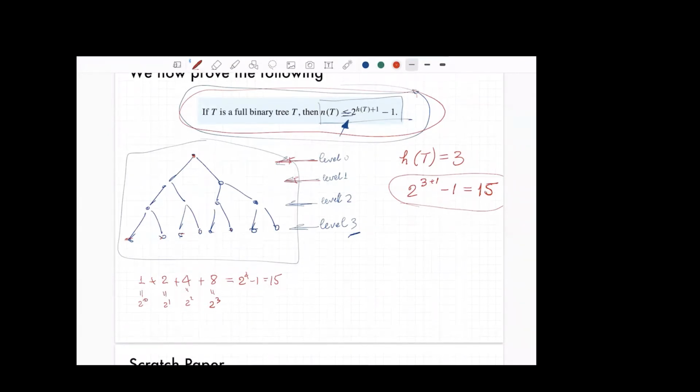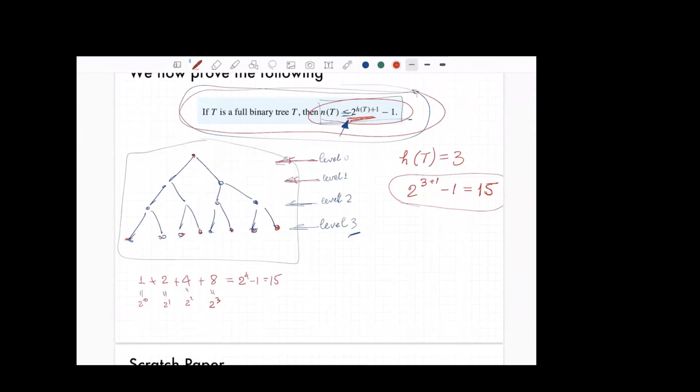The 15 nodes is exactly this number here in this theorem: 2 to the height plus 1 minus 1. Every time you draw what's called a perfect binary tree, which is a full complete binary tree whose last level is completely filled, you'll see that this equality holds.